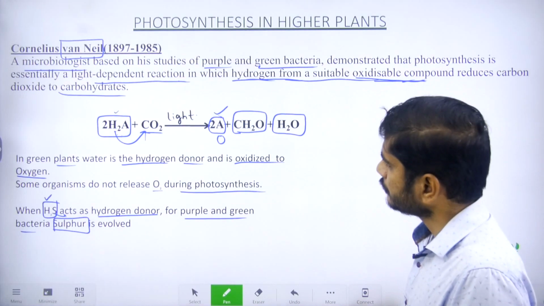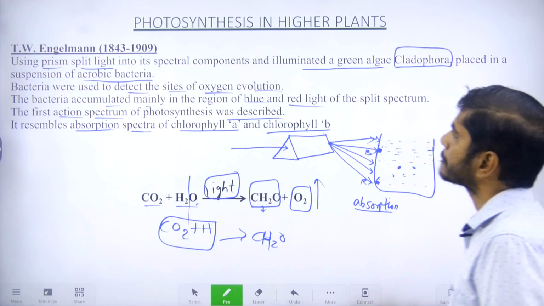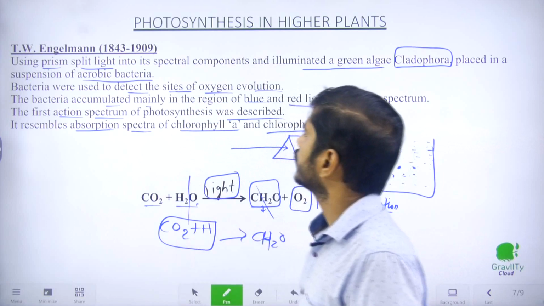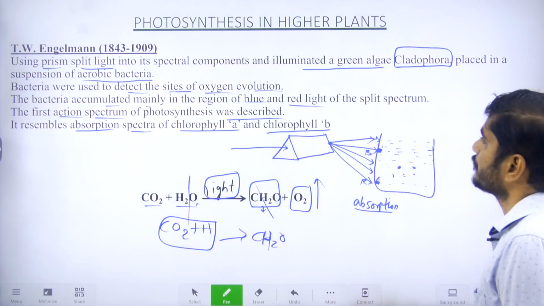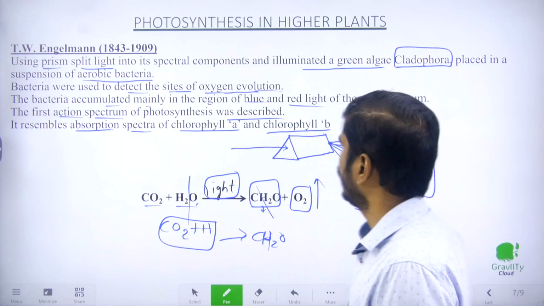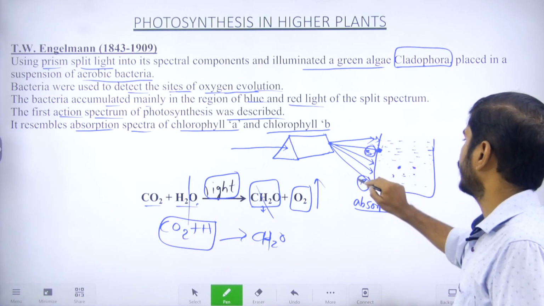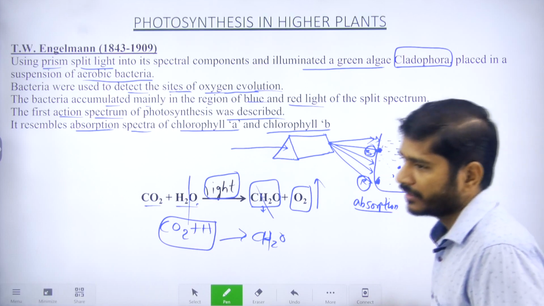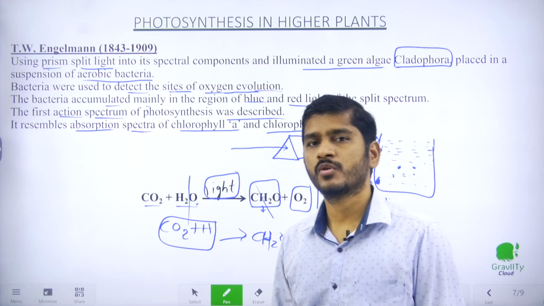Next one, Engelmann. He proposed that oxygen evolution occurs exactly when light is initiating, especially at blue and red light. Here the bacteria are accumulating, why? Because the availability of oxygen is more there.